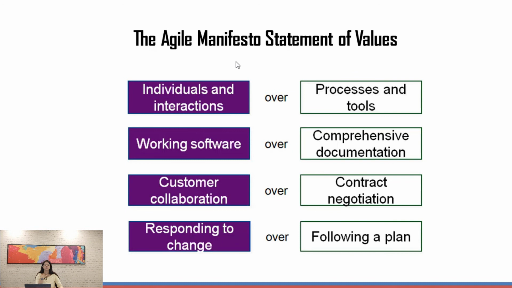So you can see here there are more individuals and interactions in Agile over just processes and tools. There is working software ready over just comprehensive documentation. We have more customer collaboration than just contracts and negotiations. We are responding to changes rather than just following a plan. So as we say, Agile is the need of the hour, and it's the most popular model.